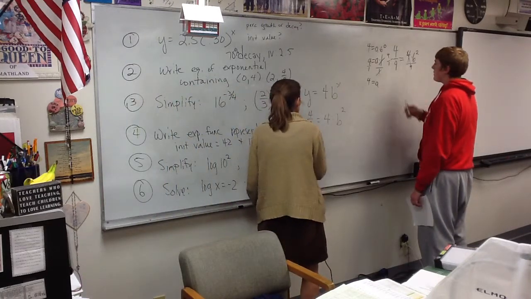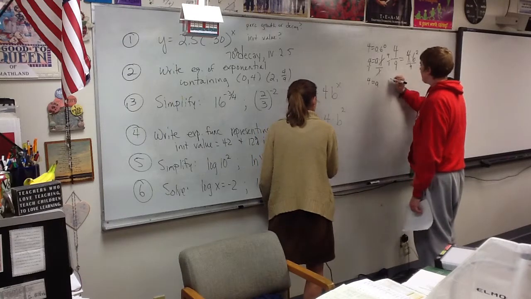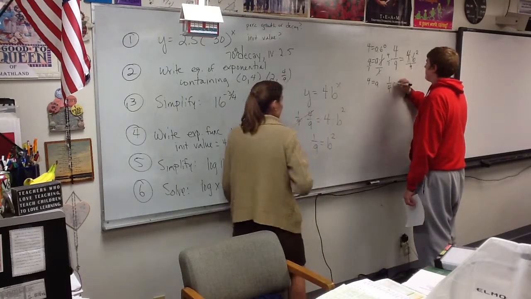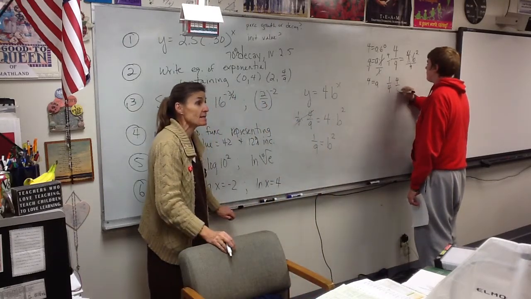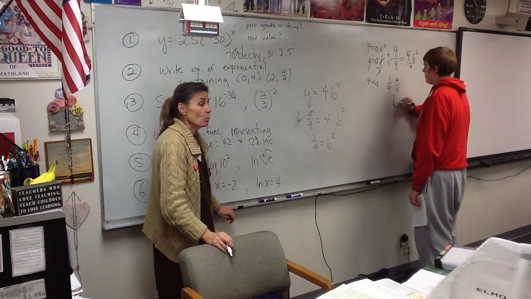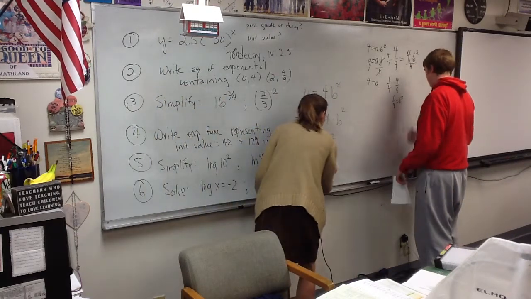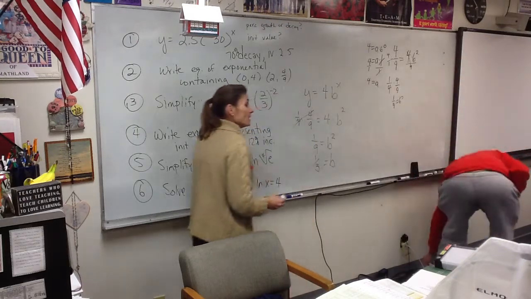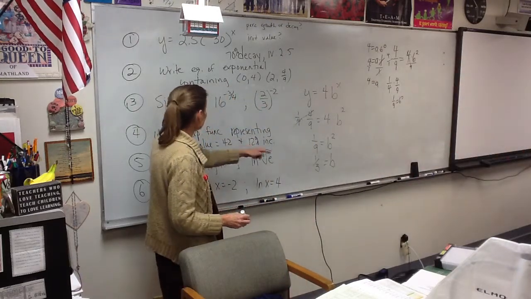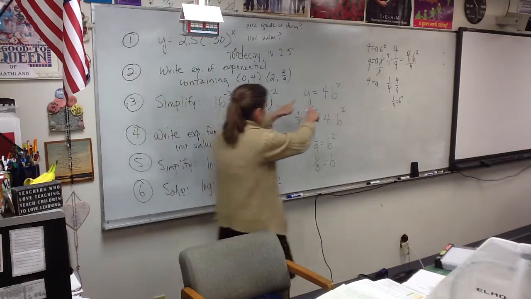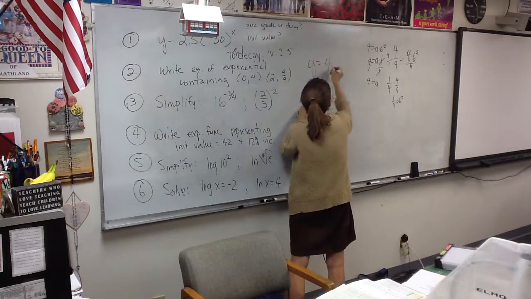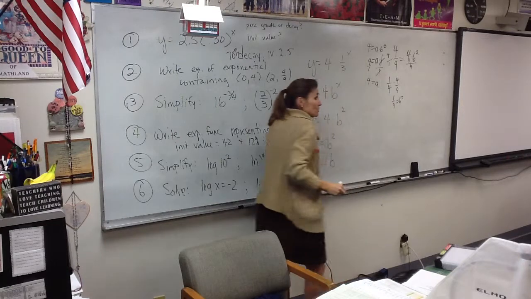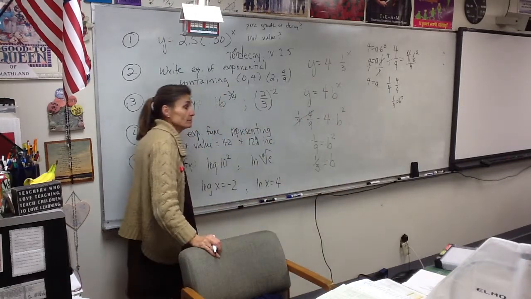Is that what you did? Yeah, that's what I was doing. So 1/9 equals b squared, because those 4's are going to cancel. So we're going to have 1/9 equals b squared, which means b will equal what? 1/3. Yep. So what is our answer then? If b equals 1/3, our answer will be y equals 4 times 1/3 to the x.